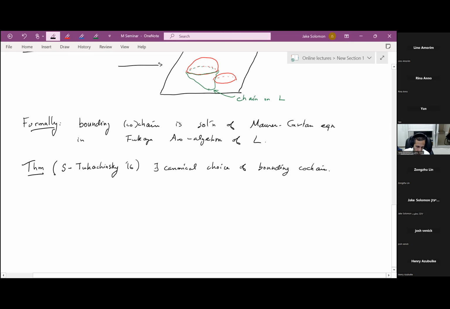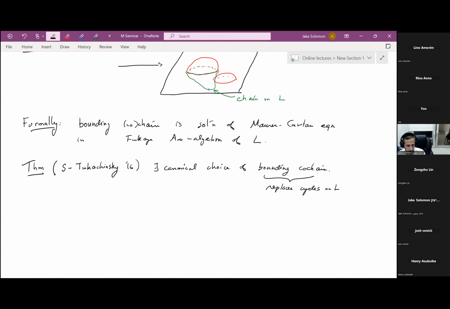This bounding cochain somehow includes the cycles on L, which are supposed to cut down dimension. Maybe I should say it replaces the cycles on L. If you were thinking in terms of cohomology, you would say you should look at a cycle.